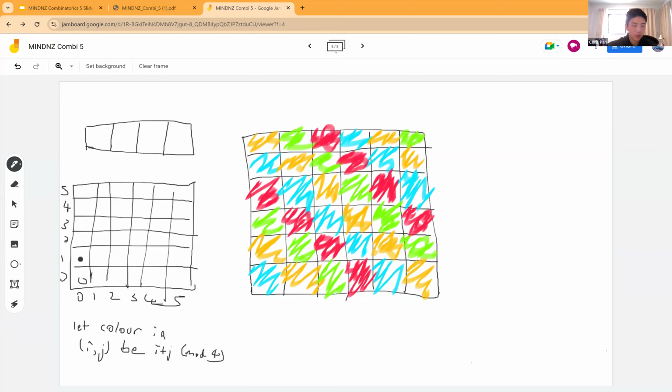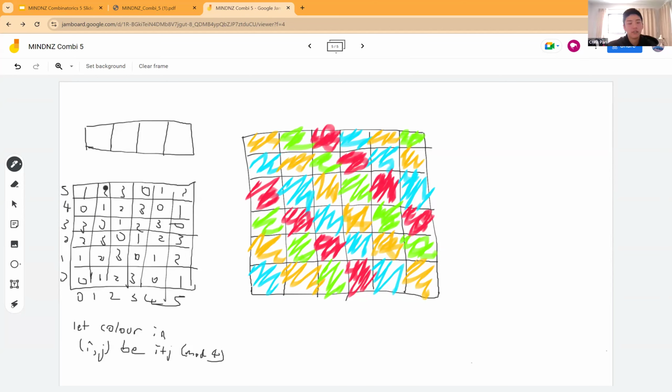So 0 plus 0 is 0, then 1, 2, 3, 0, 1, and the next row 1, 2, 3, 0, 1, 2. And then if you fill out the entire table, you get the same coloring, right? In my example here, blue is the 0 color, yellow is the 1 color, and so on.